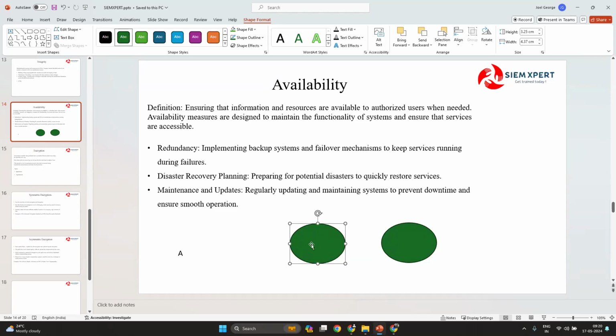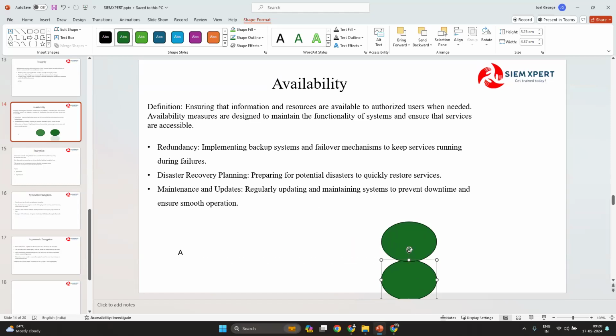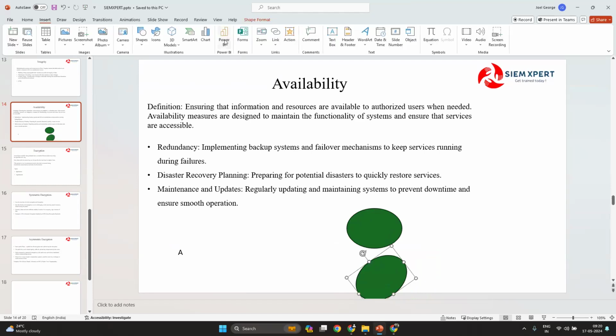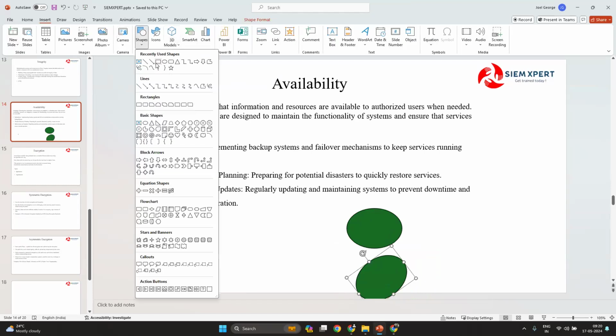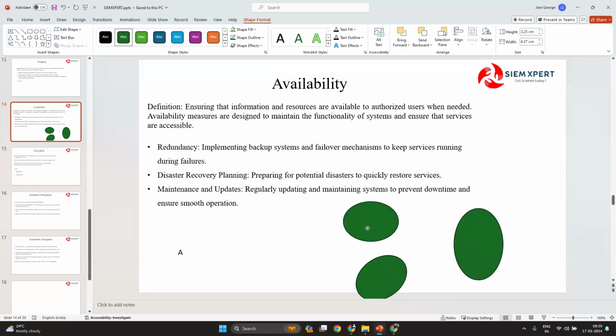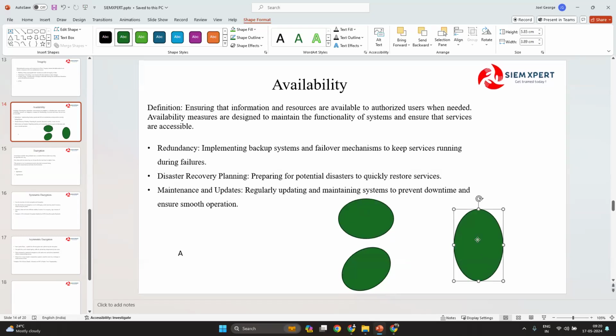This can be used from a load balancer perspective as well. Consider this as a database, and these are your load balancers. This is a database which your users, or users from the internet, access.